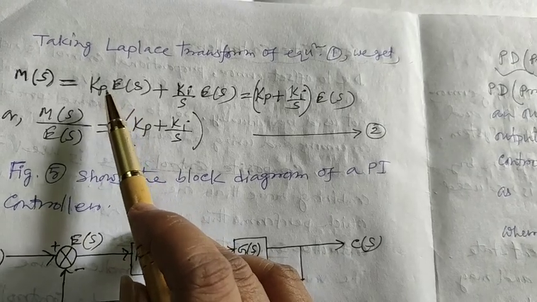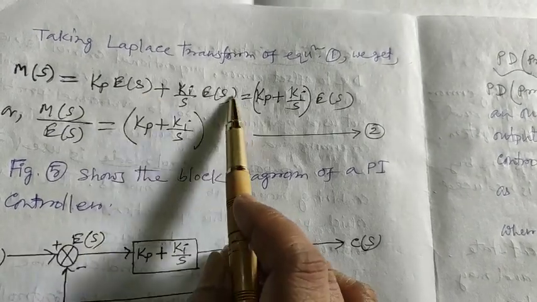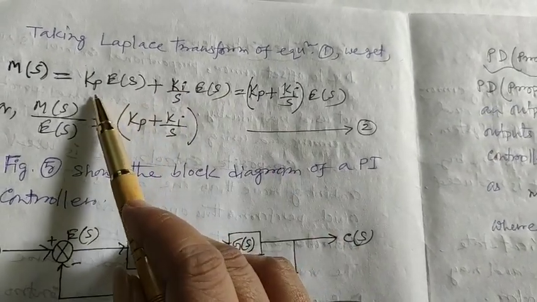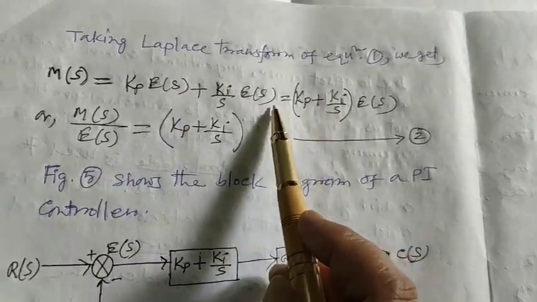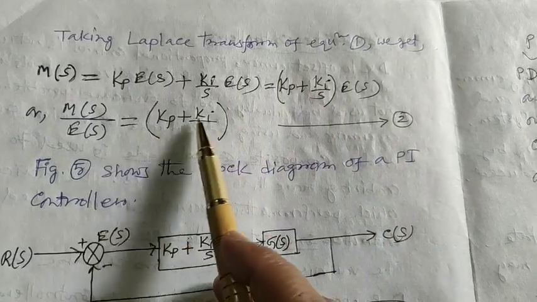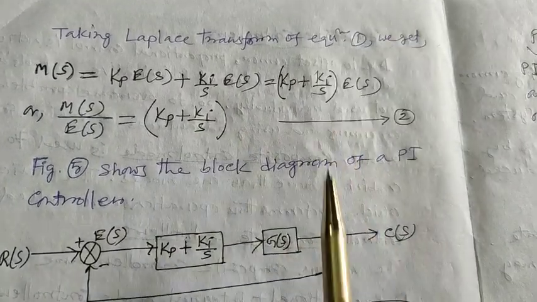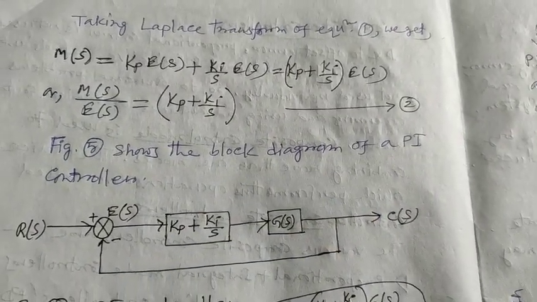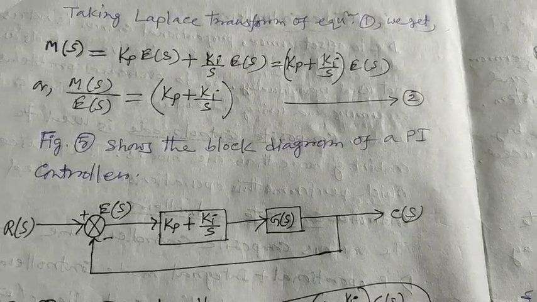If we take E(s) common within brackets, we get Kp plus Ki by S. Or we can write M(s) by E(s) equal to Kp plus Ki by S. This is the equation of a PI controller.